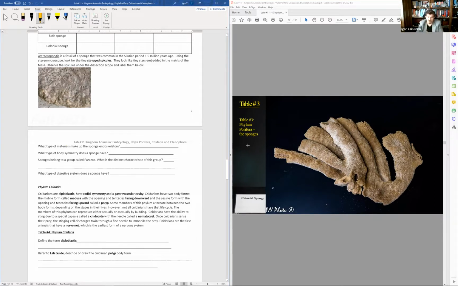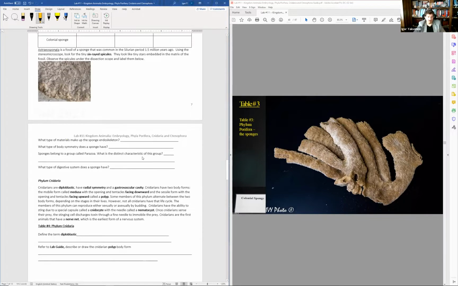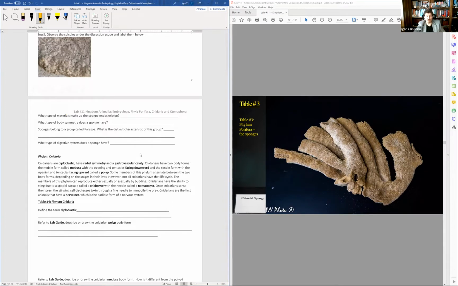If we look at a fish and put it in the same environment, it will continue to grow the way a fish grows. I'm simplifying it, of course, but corals will go into symmetry, a radial symmetry. So sponges are asymmetrical. Please remember that. It's a commonly missed question on the tests and lab practicals from previous semesters. Sponges belong to a group called Parazoa. What are the distinct characteristics?